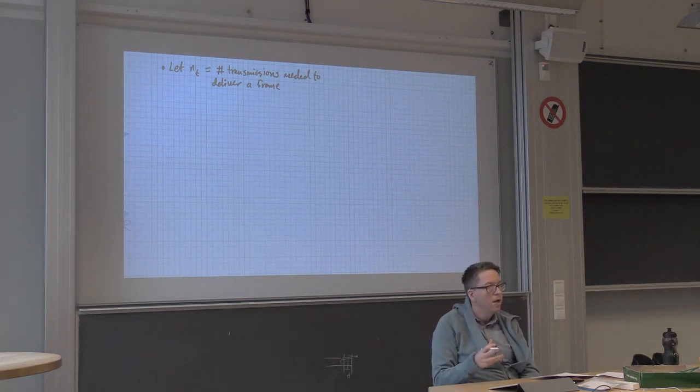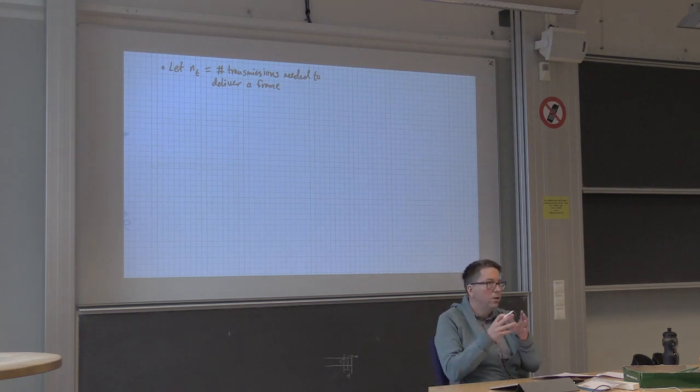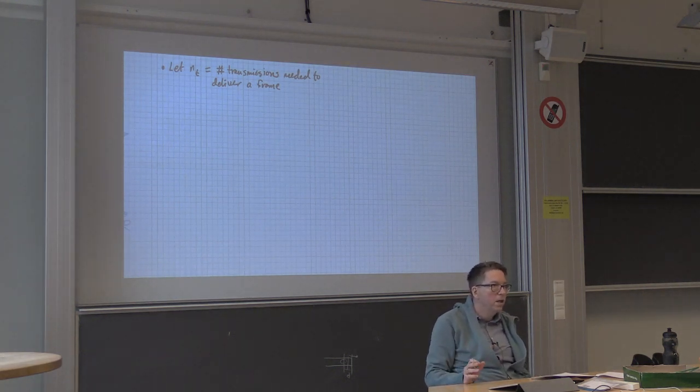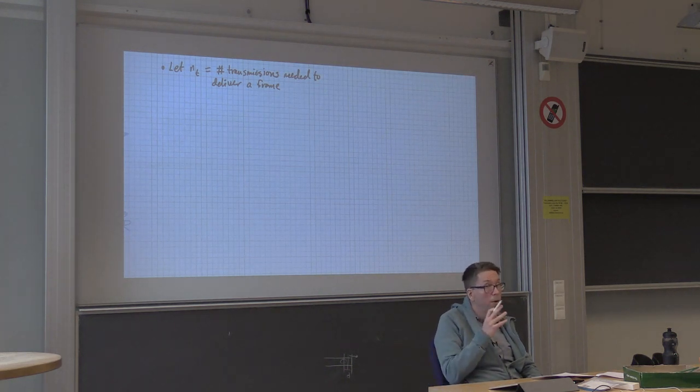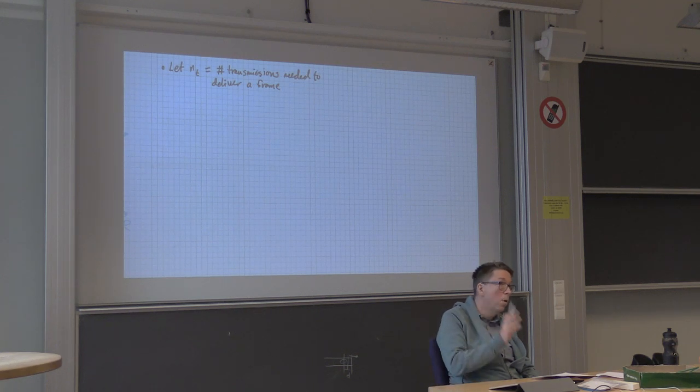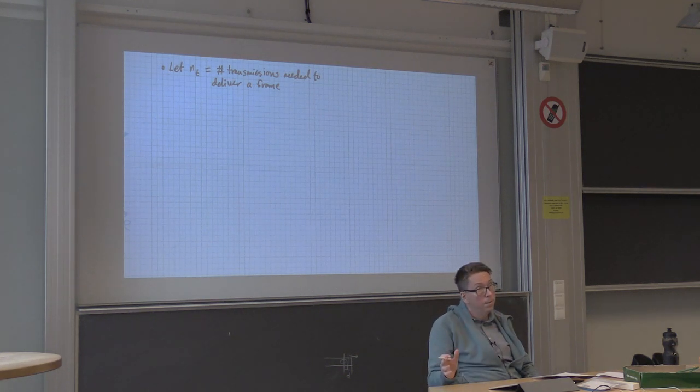How many times do I need to transmit a frame until it's delivered? If I'm lucky, I only need to send it once, so the smallest value n_t can have is 1. If I'm unlucky, I keep on having bad days, and 1,000 frames in a row are lost. As a matter of fact, there is no upper limit. So n_t can be a number between 1 and infinity.